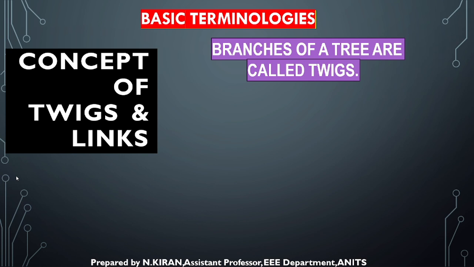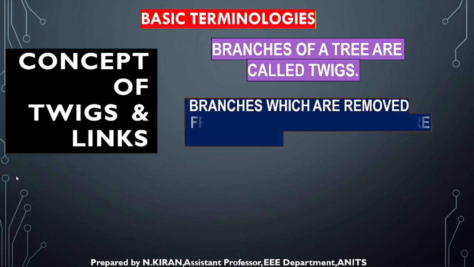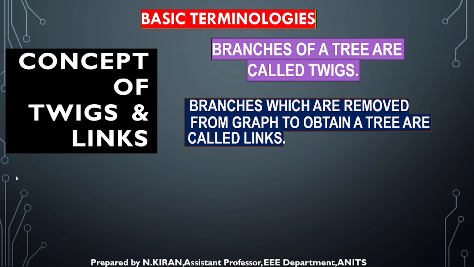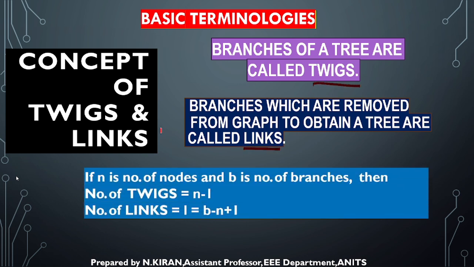When we form a tree, whatever branches that tree consists of, every branch is called a twig. In order to form that tree, we have to remove some branches from the original graph. The branches that we remove in order to form a tree, we call a link. We'll try to understand by means of a simple example.